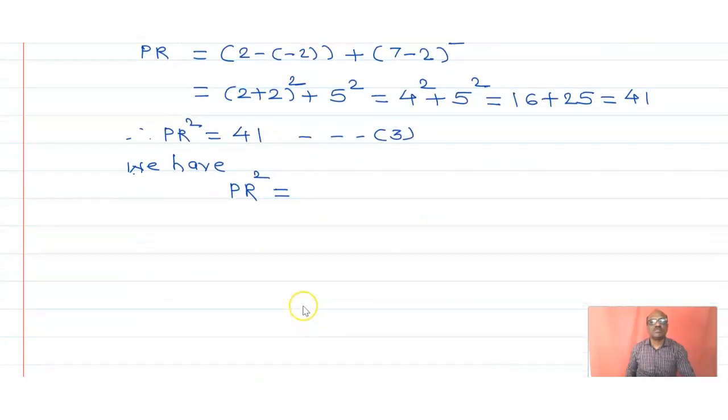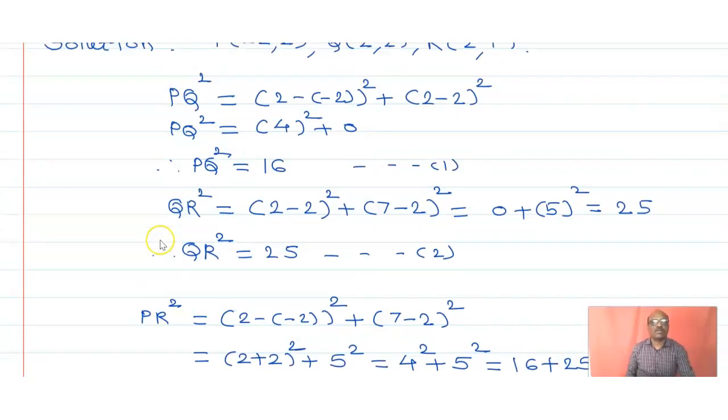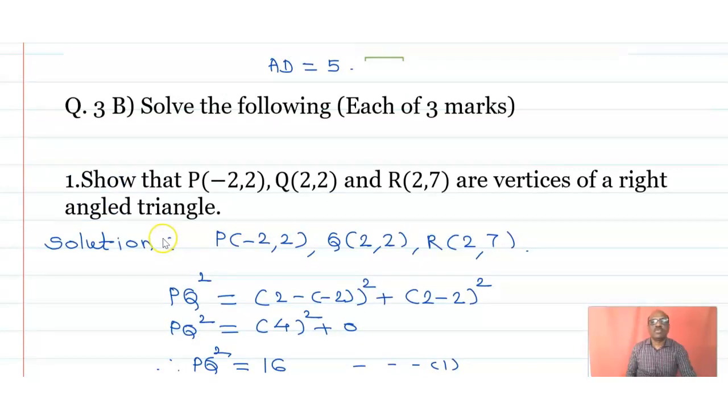PQ square plus QR square. That is from 1 to 3.